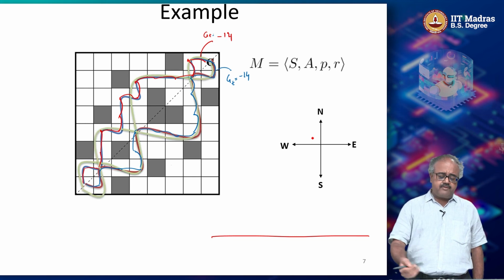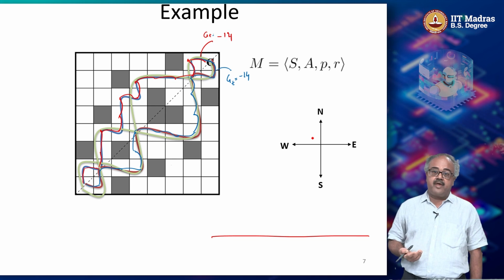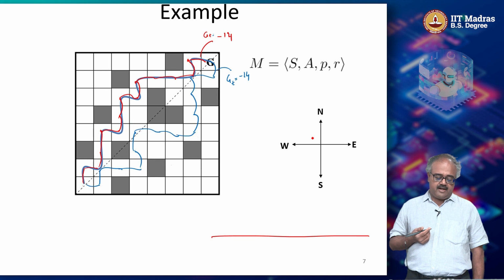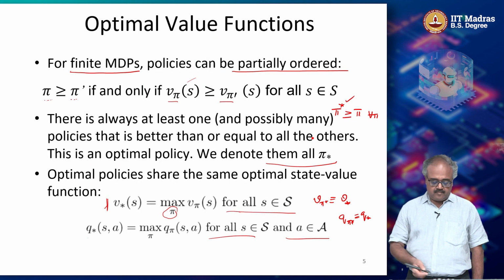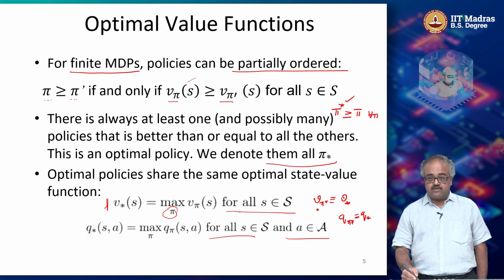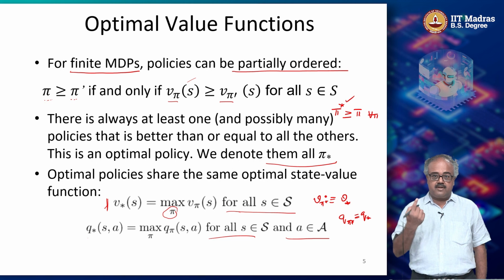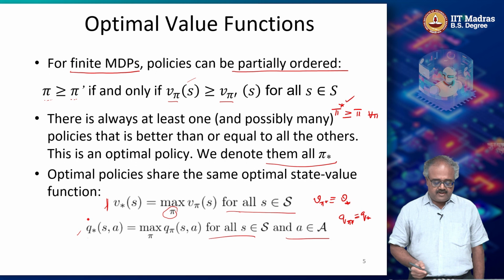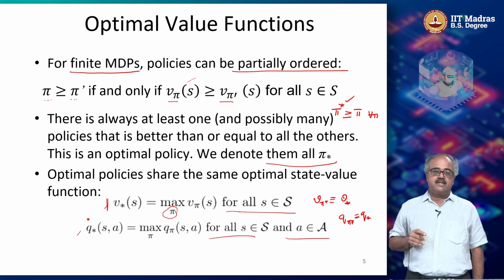Each one of the policies that we have here is a pi star, and therefore, we can write the value function as V star of S equal max over pi V pi of S. This holds for any pi star, not just for one pi star, it holds for every pi star. Likewise, we have a definition for Q star S A. So, I hope this is clear so far.